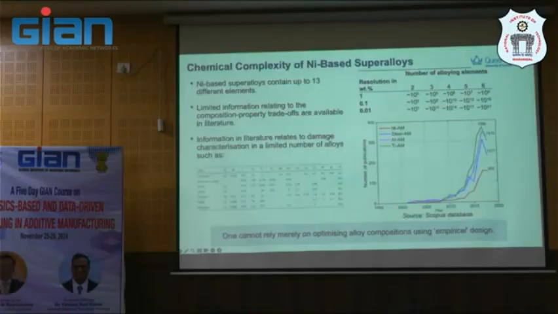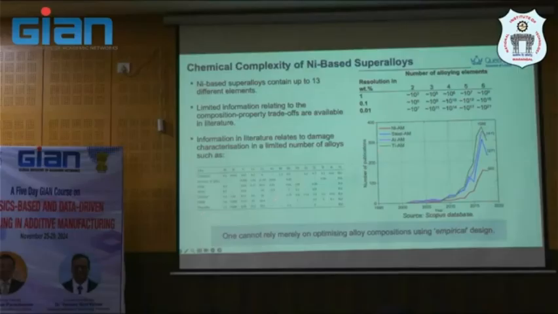The chemical complexity of nickel-based superalloy is an issue. It contains up to 13 elements, and limited information related to composition-property trade-off is available in literature. There's not much in literature about this, especially information about the damage characteristic in a limited number of alloys. It's just CM247, Hastelloy, Inconel 625, Inconel 718, and etc.